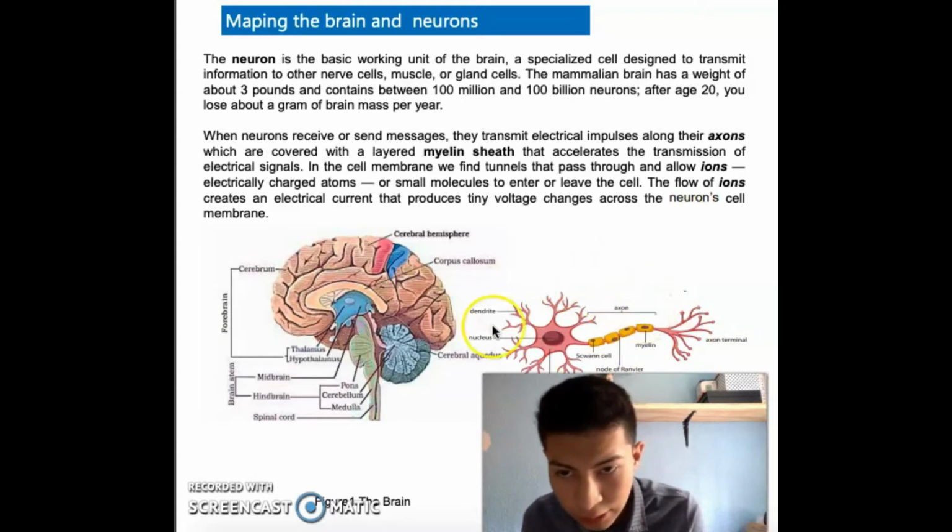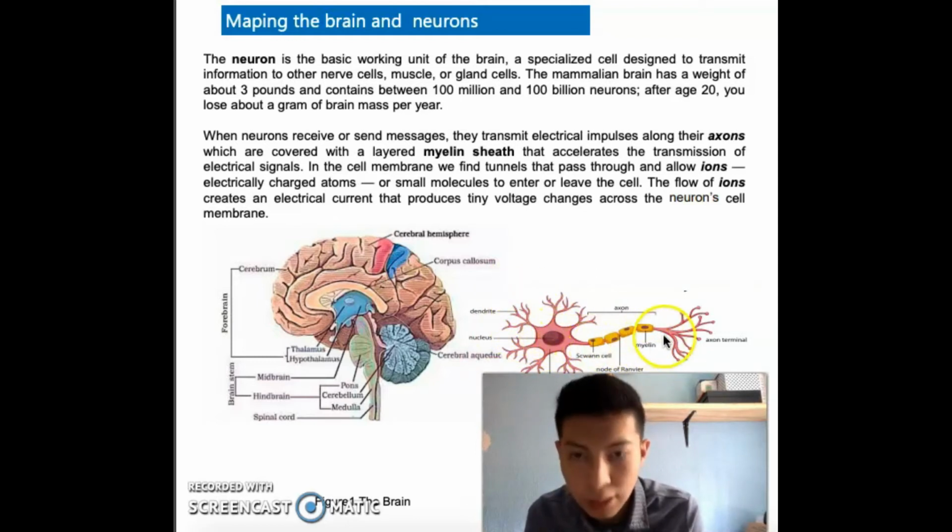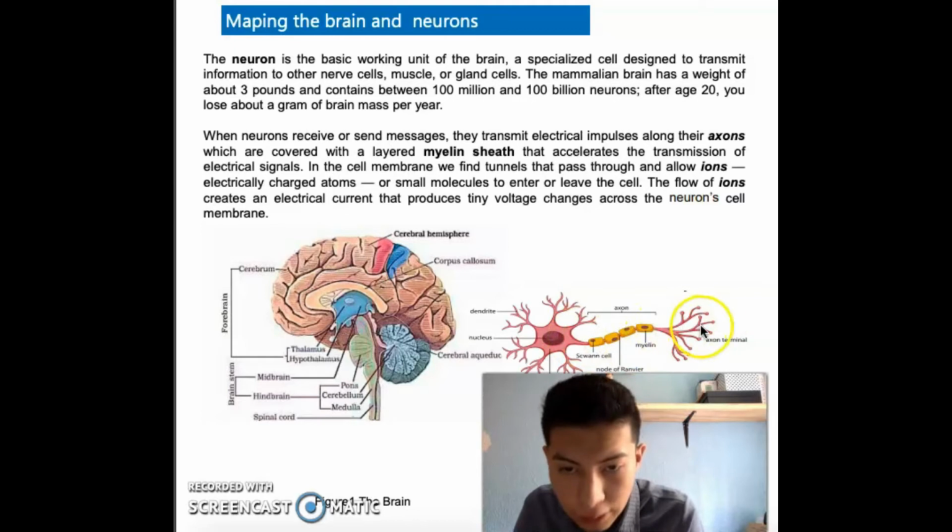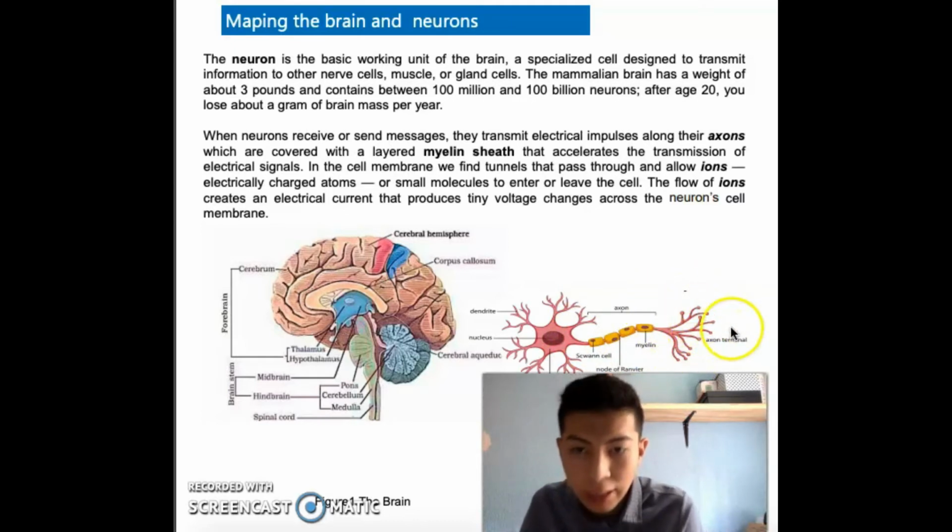First, they receive the message in the dendrites, then it passes to the nucleus, and then to the axon, which is covered with a large myelin sheath that accelerates the transmission of electrical signals. And then it passes to the axon terminal, and here is another connection with another neuron to transmit that information.